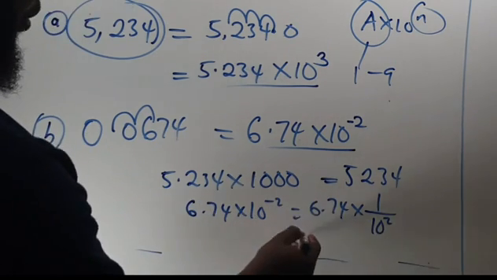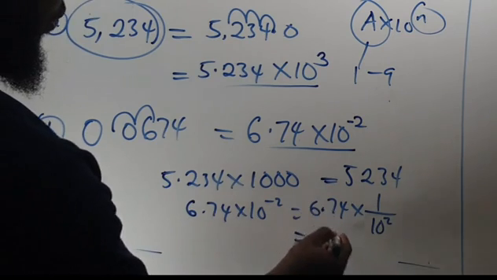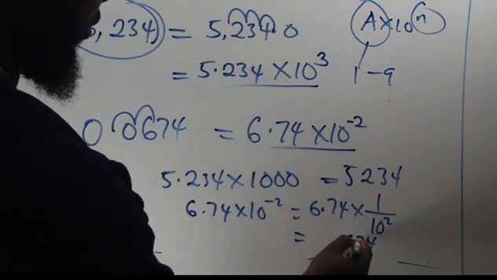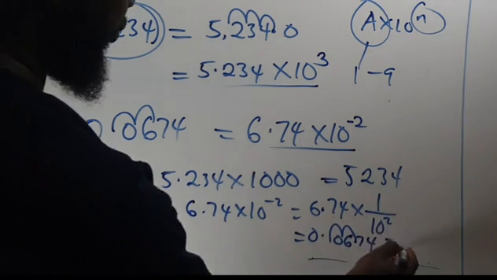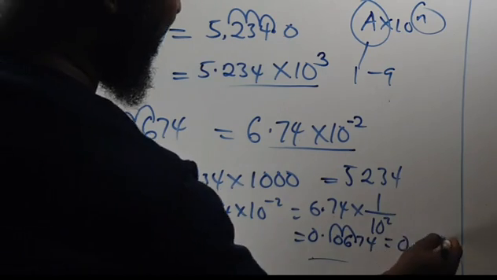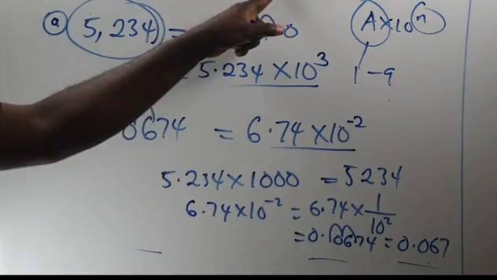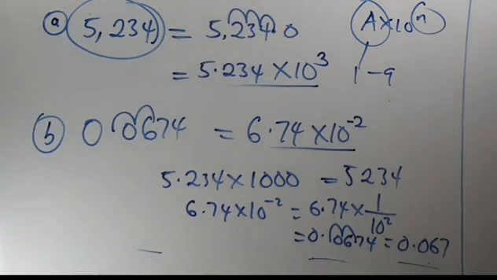So you count 2 places back. You move 6.74, 1, 2, put the decimal point, 0, and I put 0. So that means 0.0674. So we've come back to the question. That is that on standard form.